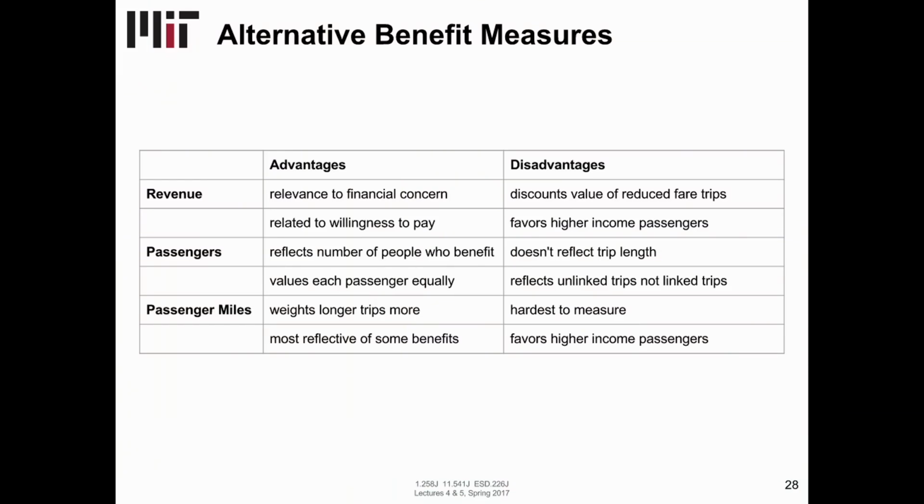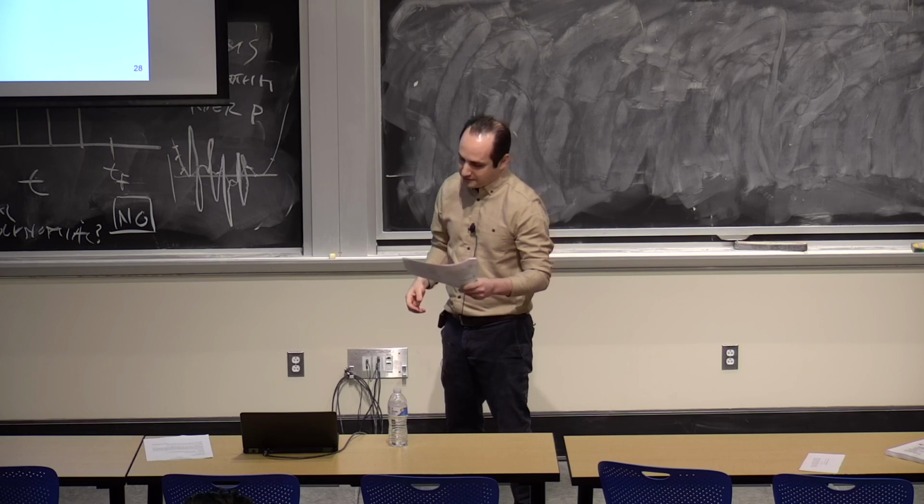However, the disadvantage of revenue as a benefit measure is that it discounts the value of reduced fare trips, discounted trips, concession trips, and it also favors higher income passengers.